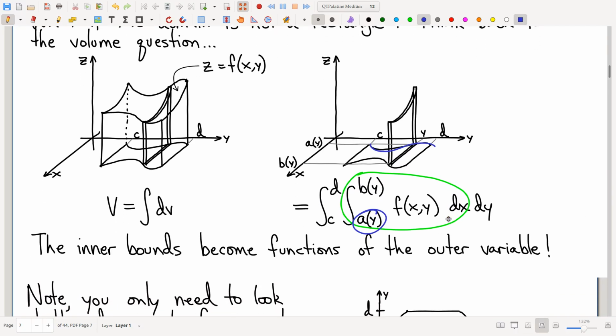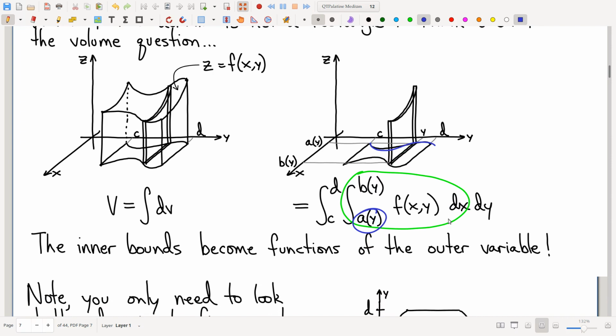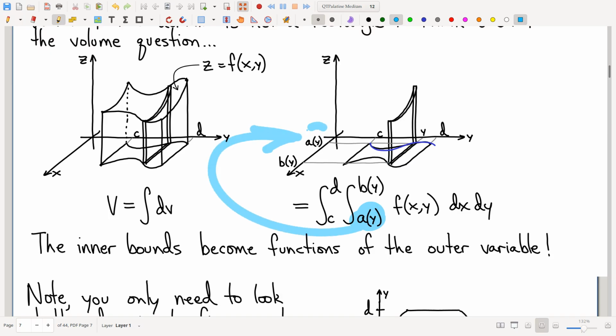Okay, now here's a bit of good news. If I were to ask the natural next question, which is how am I going to figure out what that lower bound is, I argue from the picture, all that matters is where is this point that represents the first x coordinate of the footprint of the slice that we're looking at.